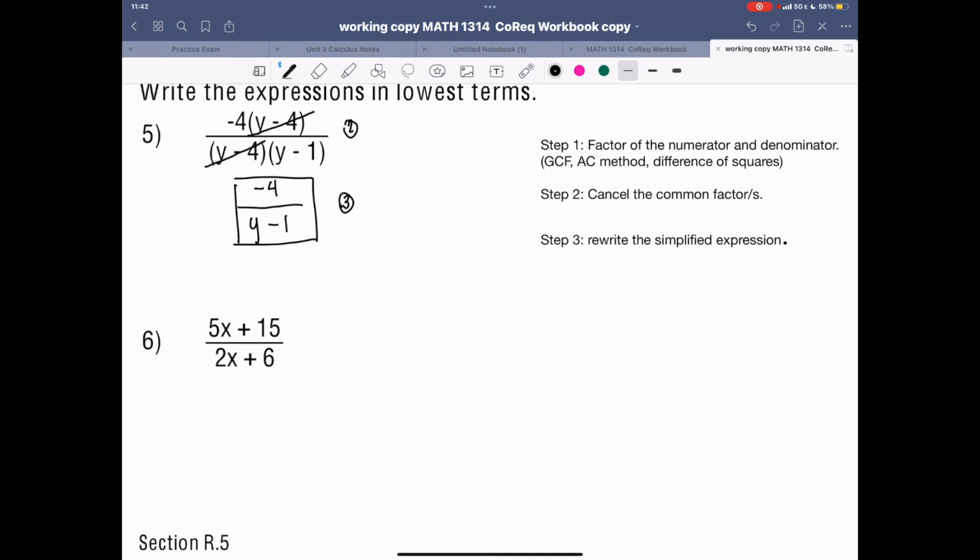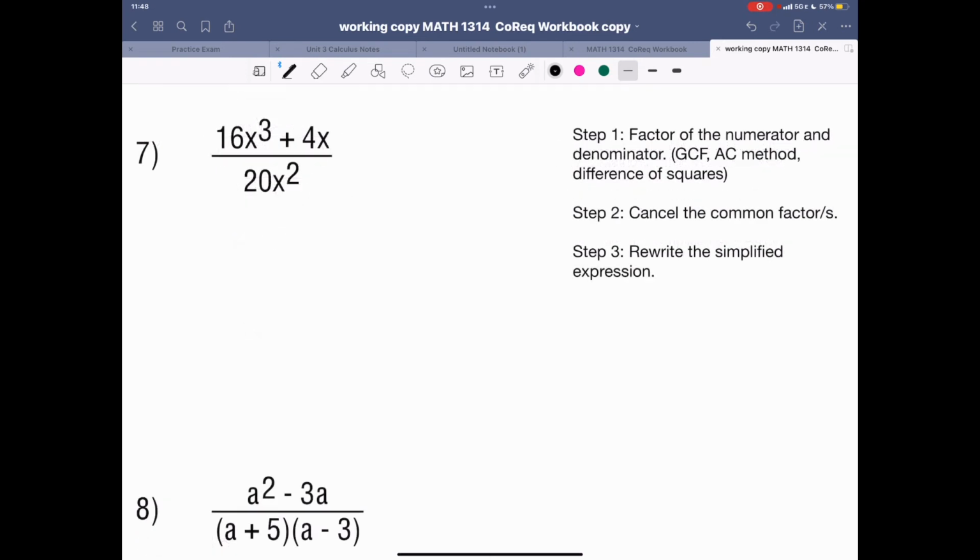Okay, we'll look at number 7, 16x to the third plus 4x divided by 20x squared. Step 1 says to factor out the numerator and denominator, and the strategy we're going to use for this one is GCF.